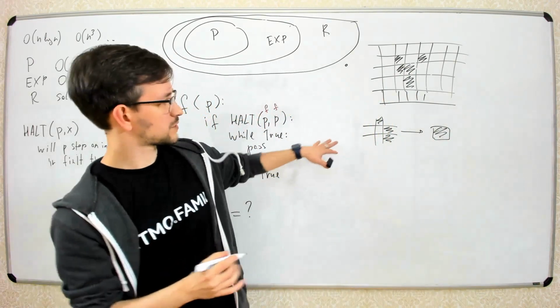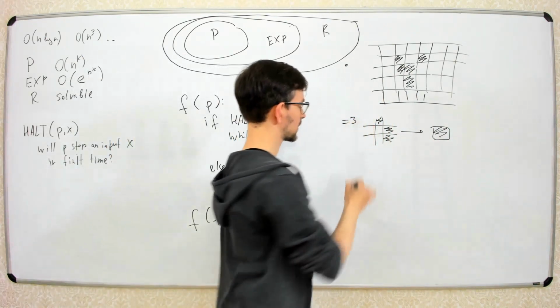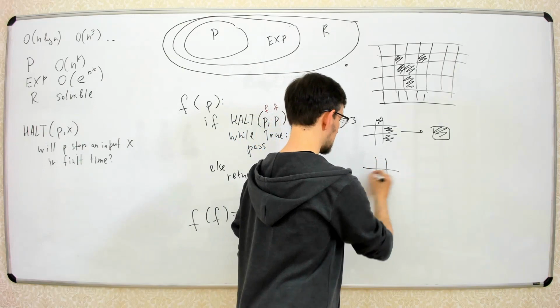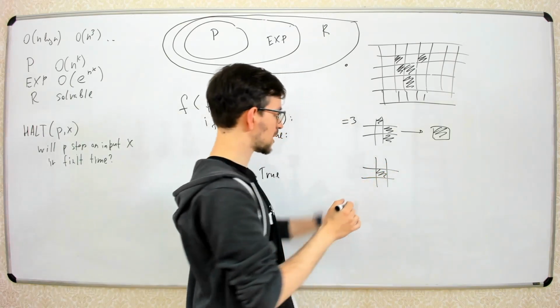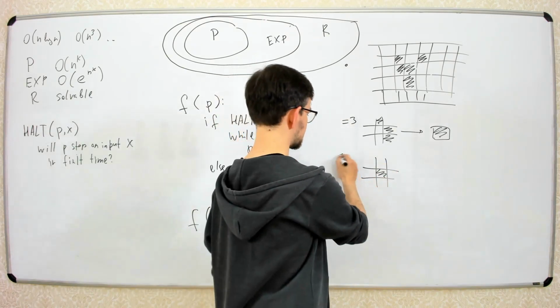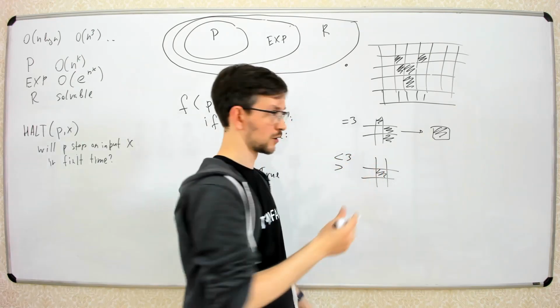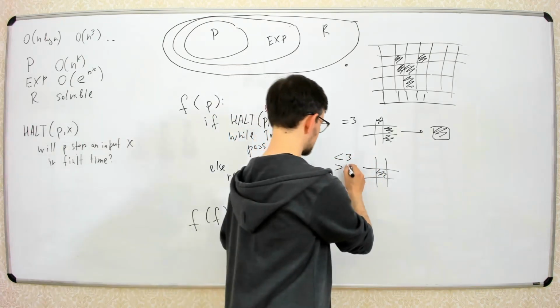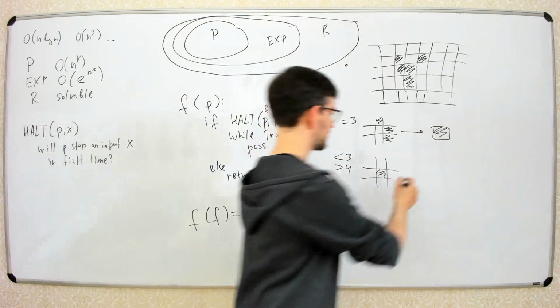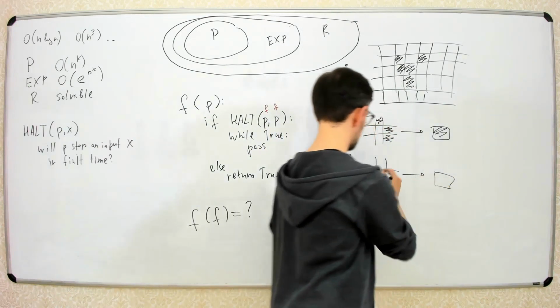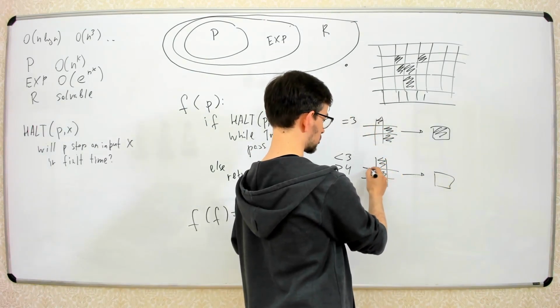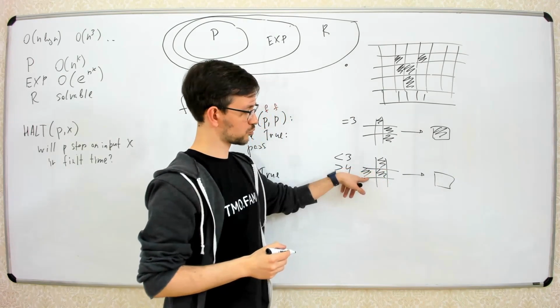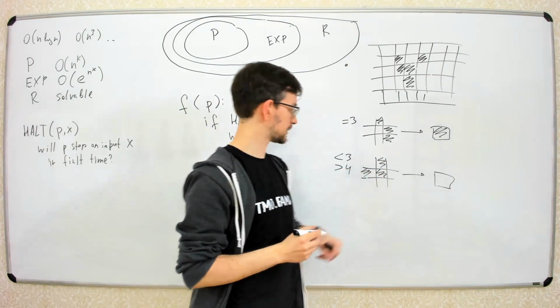And if the cell is alive and the number of alive neighbors is less than 2 or more than 3, then in the next step it will be dead. Like if it has only 2 neighbors, then in the next step it will be dead.